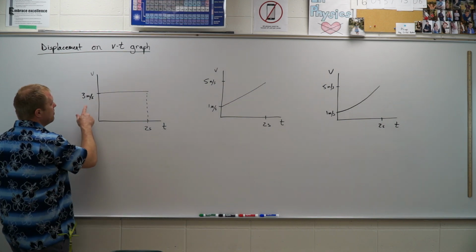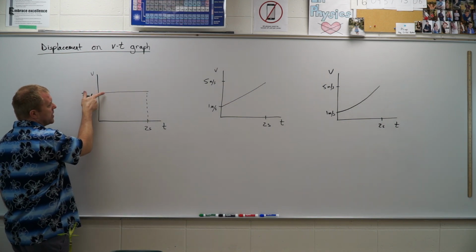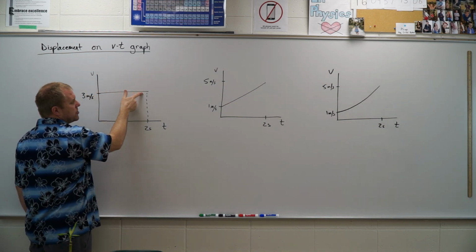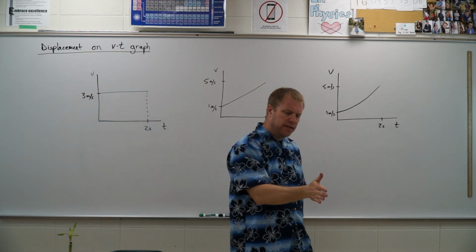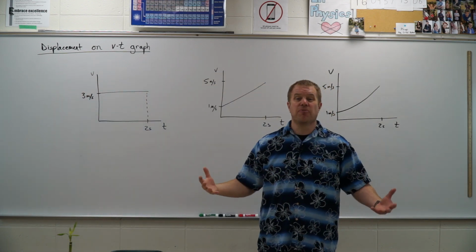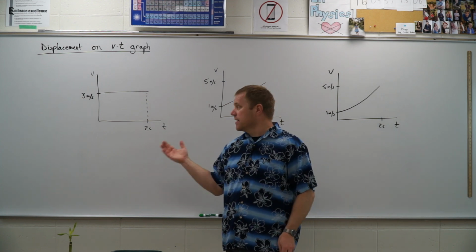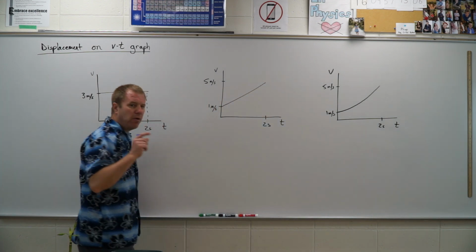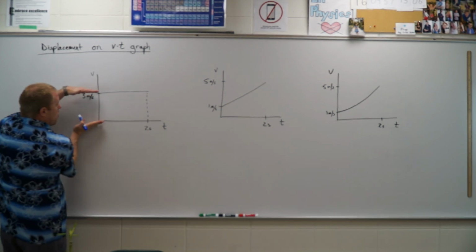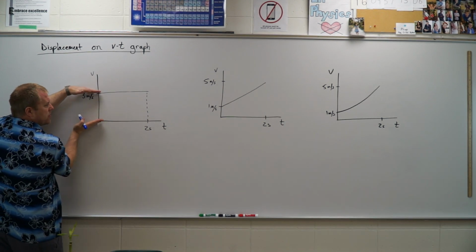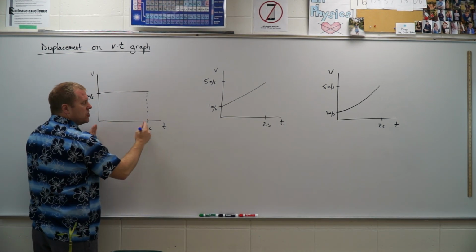So let's take the example where something is going at 3 meters per second, and it does that for 2 seconds. So if I just told you something was moving 3 meters per second, and it did that for 2 seconds, how far did it go? 6 meters. Okay. Now, I want you to envision this box. This box has one side that is 3 meters per second by one side that is 2 seconds.